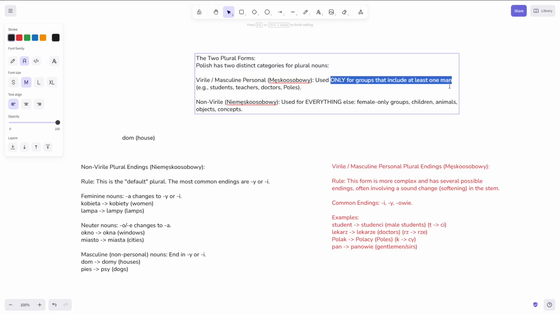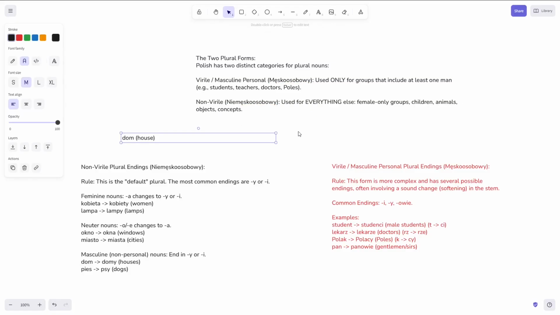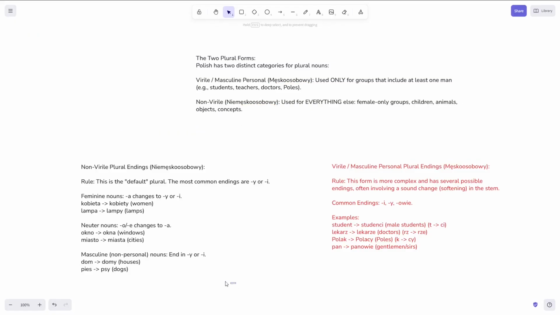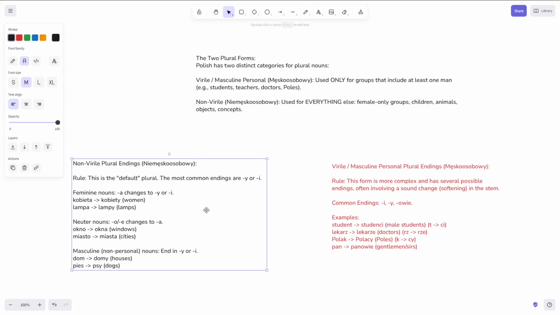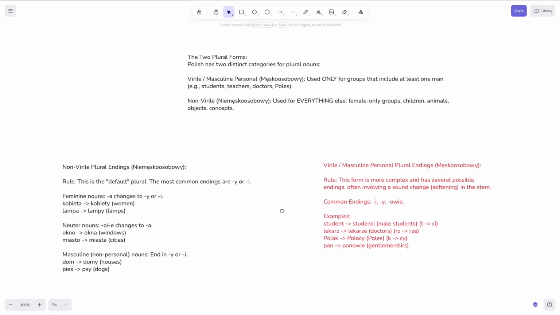Not for masculine nouns in general, but for actual groups that include a man, okay? So that's why masculine nouns can also belong to the non-masculine category. I hope it makes sense.